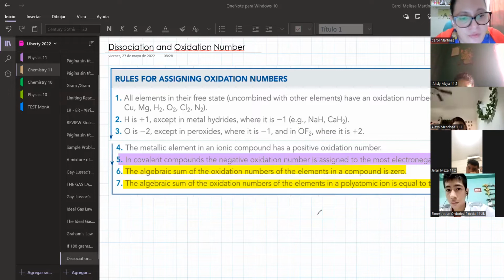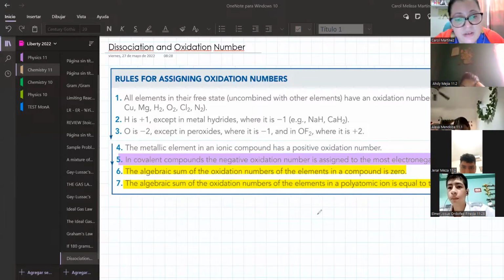Then we have rule number 4: metallic elements in ionic compounds will always have a positive oxidation number. Then rule 5, as I was telling you, the most electronegative atom is going to have the negative oxidation number. Then rules 6 and 7 are exactly what we're going to be working on today.